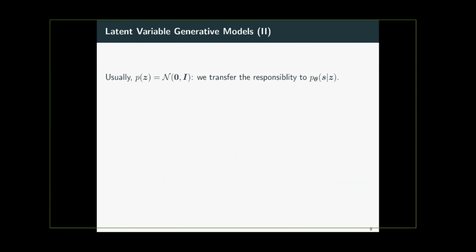So usually P of Z, the prior distribution on the latent codes, is considered to be a standard multivariate Gaussian. This means, and I am being a bit loose with my language, that we are transferring all the modeling responsibility to the posterior distribution. We are only learning the parameters of the posterior distribution.